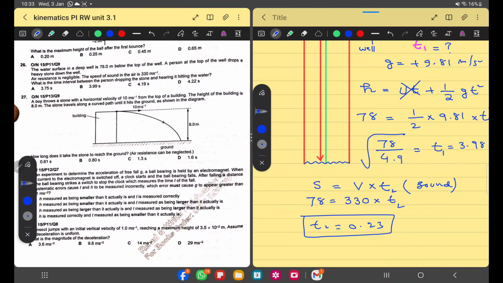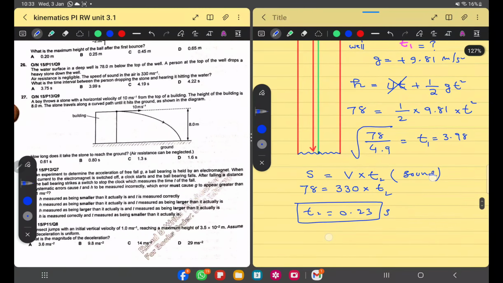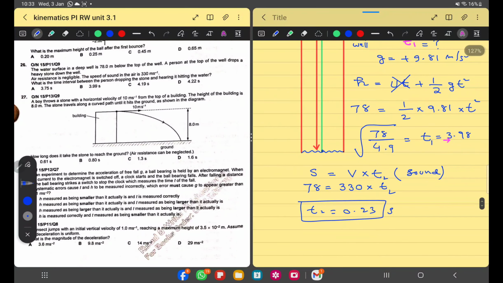When the stone hits the water, the sound is produced, and from this point to hearing the sound, it takes 0.23 second, and we have to calculate the total time. So the total time will be equal to their sum, 3.98 plus 0.23.